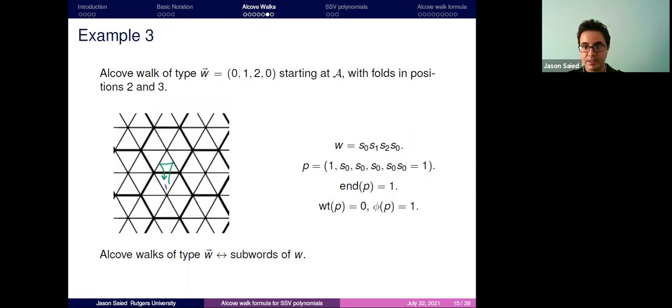And if you know the terminology, you can see that the set of alcove walks corresponds to the Bruhat order. Everything less than W in the Bruhat order, those will be the endpoints that you get. And if you pay attention to the word, you can get not just the endpoint, but the alcove walk. We'll revisit this later.